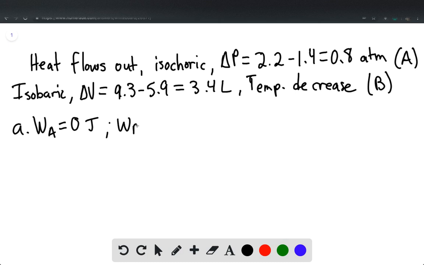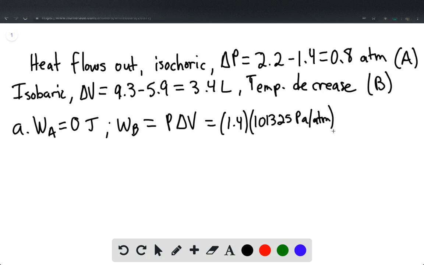For work sub B, the work in process B, this will be equal to the pressure times the change in volume. And the pressure is going to be the pressure after process A. So here it's going to be 1.4 atmospheres because process A, of course, has already occurred. So we'll have 1.4 atmospheres, and then we have 101,325 pascals per atmosphere.